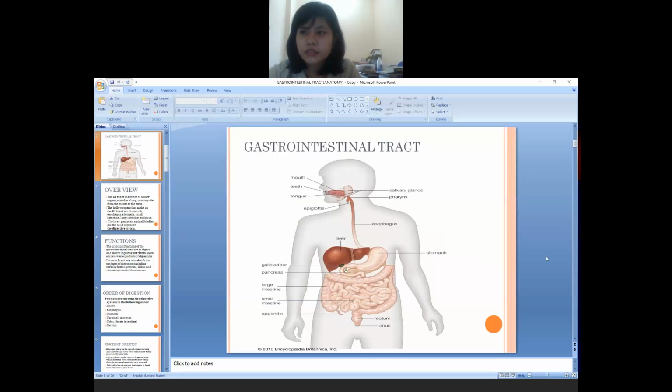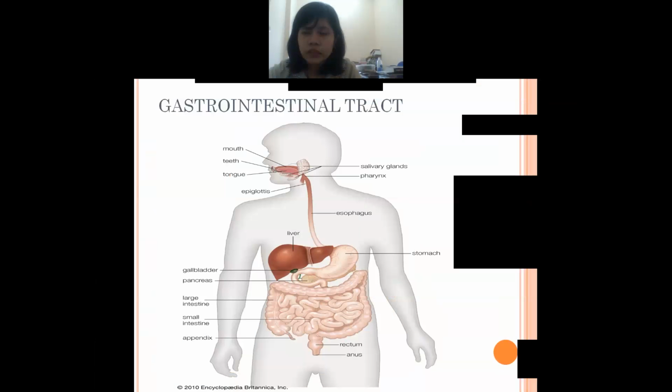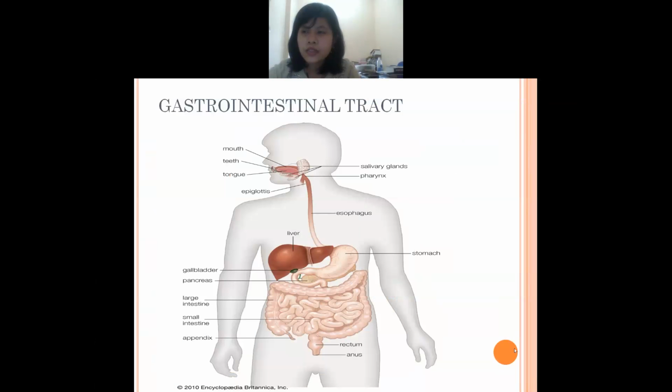Okay, the saliva helps the food in what? Can anyone say? Sachi, can you say? In the digestive system, you have saliva, is not it?